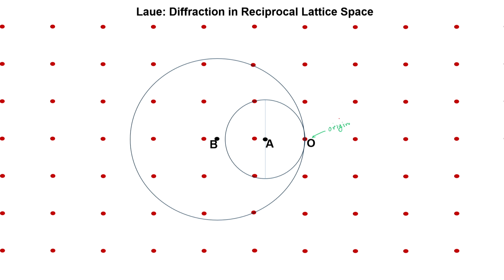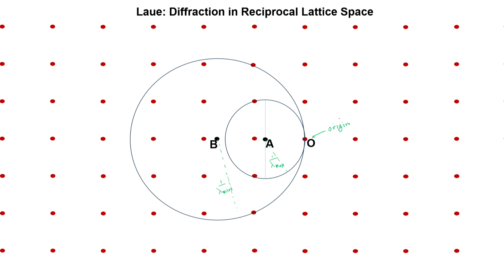Now, here we have a variation in the wavelength. So, the smallest sphere that we can get will have the radius of 1 upon lambda max, and the largest sphere would have a radius of 1 upon lambda minimum. In between there, you can imagine that there are lots of other spheres of varying radius of 1 upon lambda, as lambda varies between lambda minimum and lambda maximum.